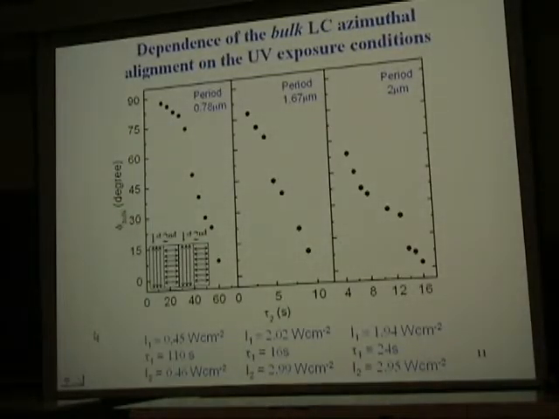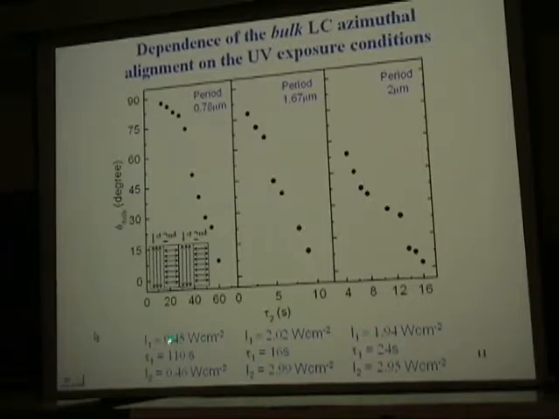We have quantified how the azimuthal bulk alignment angle phi bulk varies as a function of the second exposure time tau 2, given that we fix the first exposure time tau 1 and the UV intensity in the first and the second exposure, I1 and I2, to be comparable.